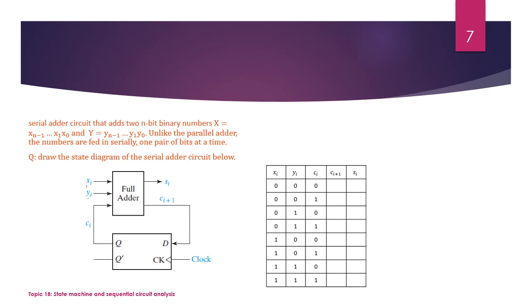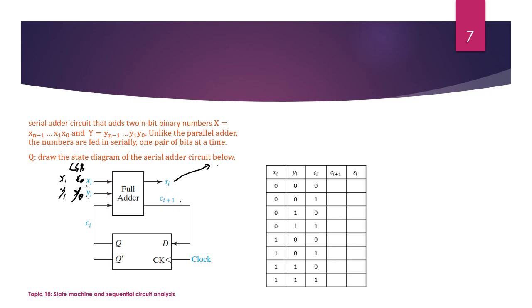So this xi, or you can call it x0, y0, because this is the LSB, right? This full adder will add these lowest two bits together to result in a sum and carry bit. Then this sum bit will be saved somewhere, and the input will be updated.